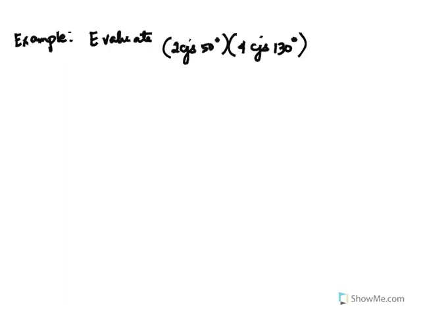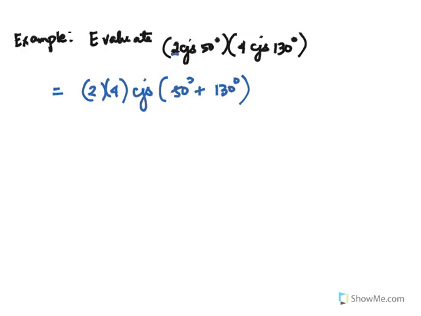Halimbawa, you want to evaluate 2 CJS 50 degrees, okay, times 4 CJS 130. So, what we do is we multiply in terms of polar forms. Okay, this is just equivalent to 2 times 4 times CJS 50 degrees plus 130 degrees.